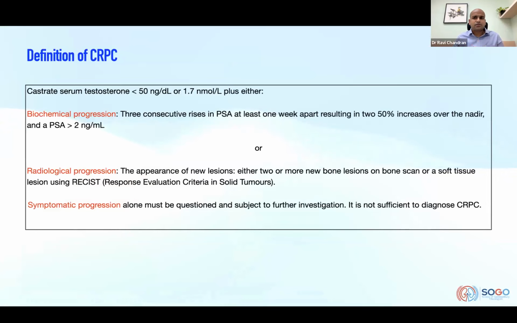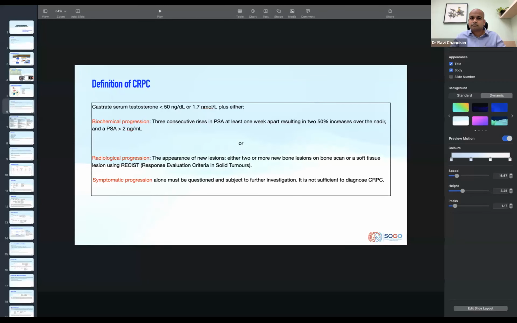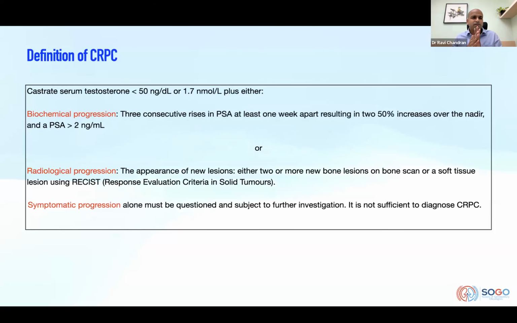Next, coming to the definition of CRPC. The first thing to establish in the CRPC setting is to make sure that the testosterone level is at castration, that is less than 50 nanogram per deciliter or 1.7 nanomole per liter.